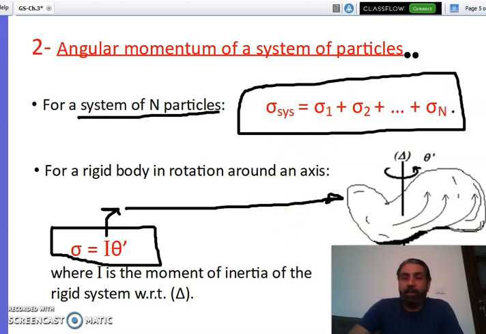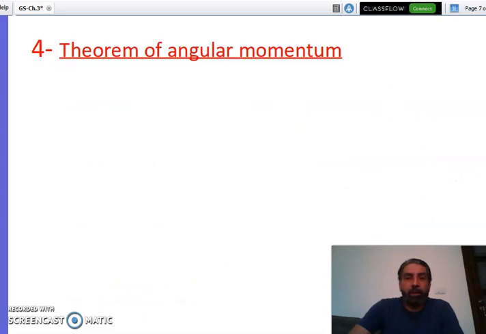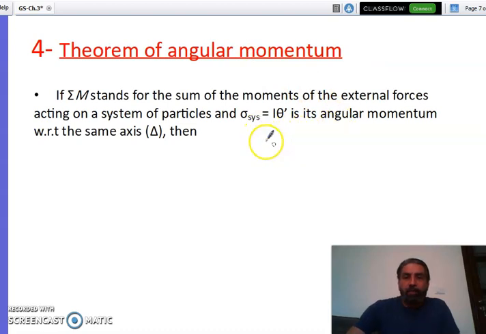Now let's start with the theorem of angular momentum. Say we have any system of particles, whether this system is rigid or deformable, I mean rigid system or discrete system of particles. And this system is subjected to many forces. Because this system is subjected to many forces, it possesses in general angular acceleration, and consequently possesses also angular momentum.